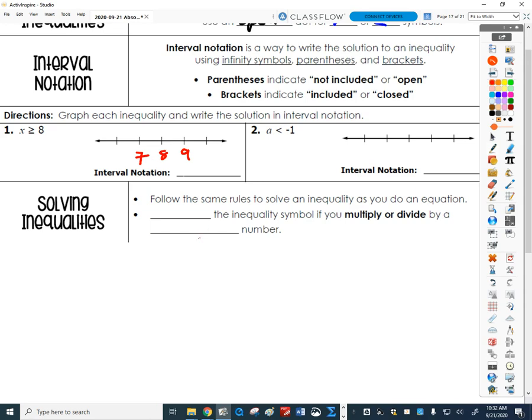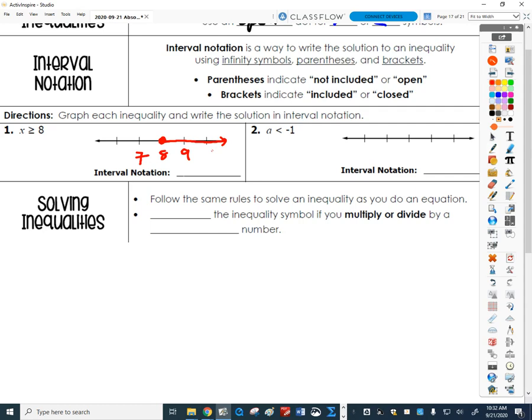On the number line, how do I graph x is greater than or equal to 8? Put a circle on 8 and fill it in. Okay, so we got a solid endpoint, and then I'm going to point the arrow towards the 9. Good. So we're going up to infinity, aren't we? We're taking all values greater than 8, so we're going to shade to the right.